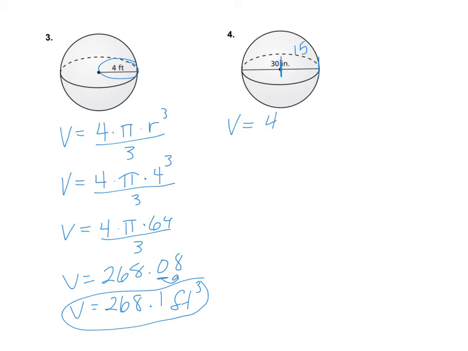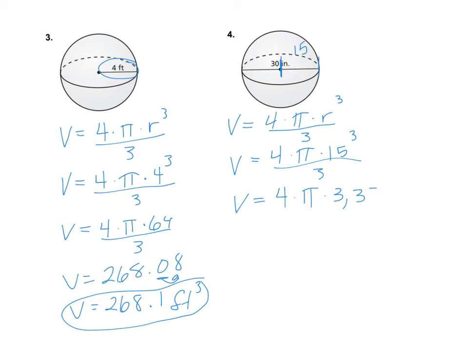Volume is equal to 4 times pi times 15 cubed divided by 3. 15 cubed is 3,375.